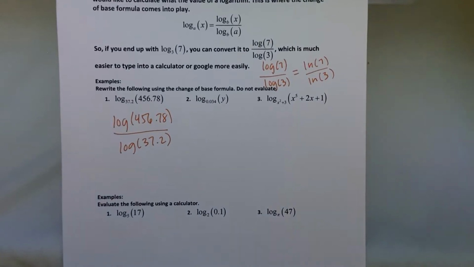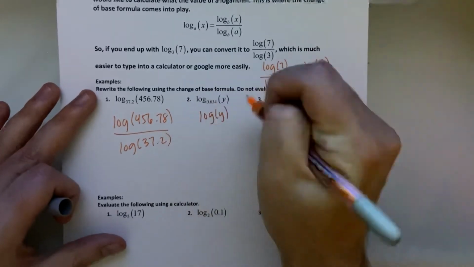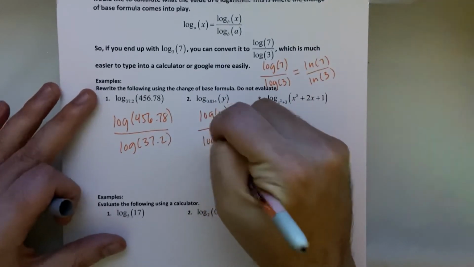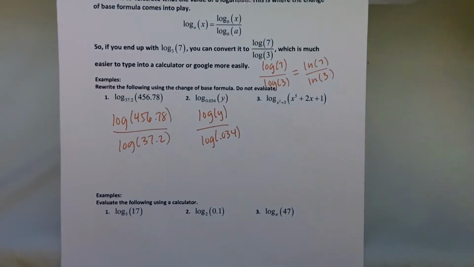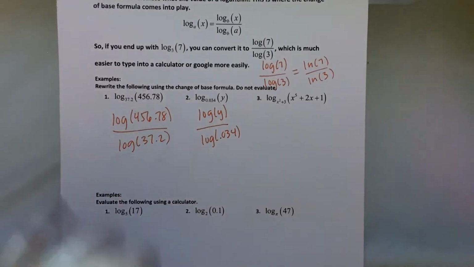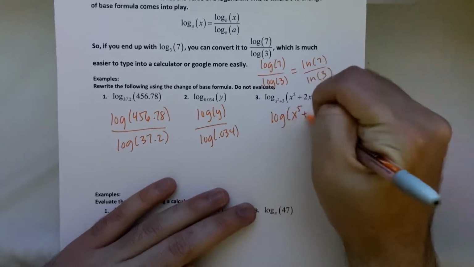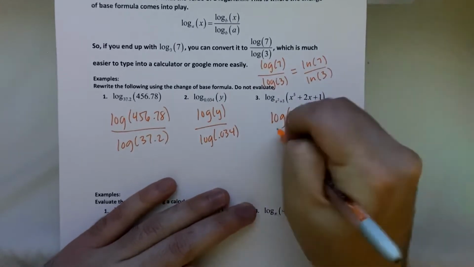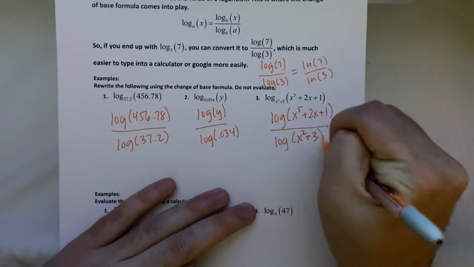Log base 0.034 of y is the log of y over the log of 0.034. And again, you can use ln instead of log. It works the same. Log base x squared plus 3 of x to the 5th plus 2x plus 1 is the log of x to the 5th plus 2x plus 1 over the log of x squared plus 3.